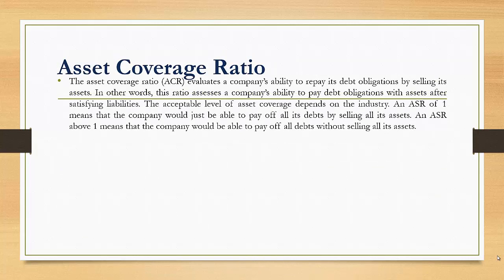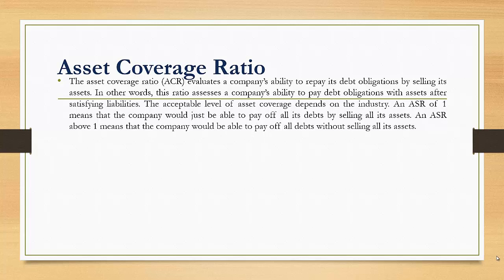The next ratio is the asset coverage ratio. The asset coverage ratio evaluates a company's ability to repay its debt obligations by selling its assets. In other words, this ratio assesses a company's ability to pay debt obligations with assets after satisfying liabilities.